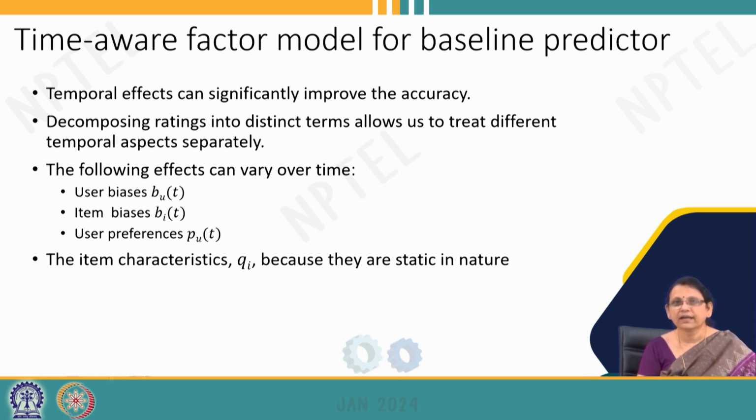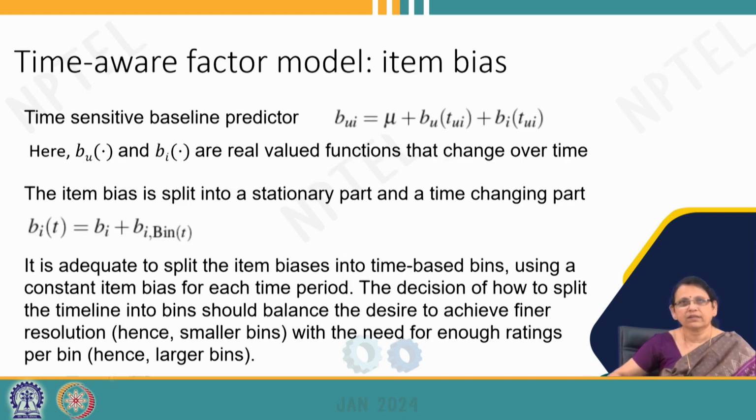And at a later time the number of ratings will decrease, and if the situation is different, probably the nature of the rating will also vary. However, the variation is not going to be much. So, with this idea, now let us look at these time aware factor models.